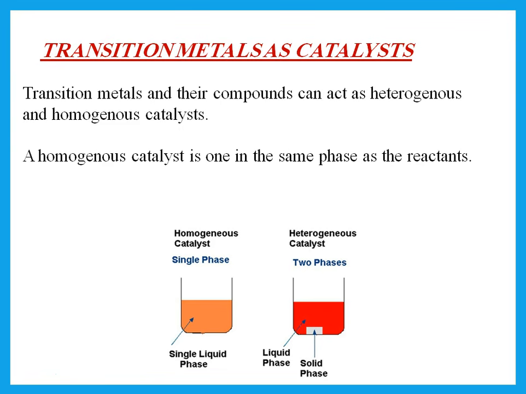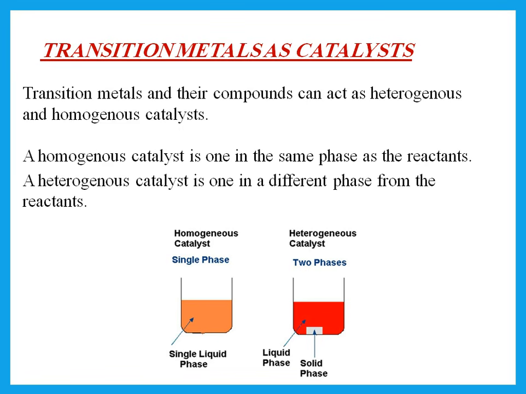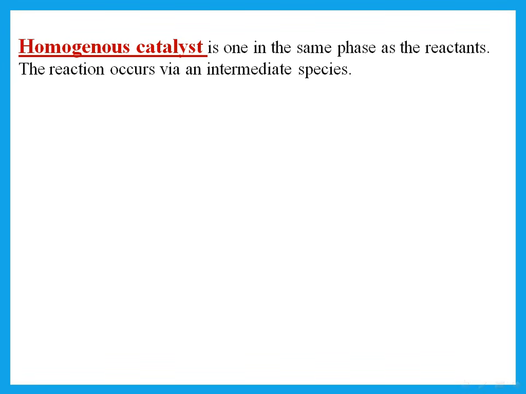So if I have solutions and my catalyst is a solution, then these are homogeneous catalysts. But a heterogeneous catalyst is one that is in a different phase from the reactants. So if my reactants are solutions, but I put a solid as a catalyst, that is a heterogeneous catalyst. Homogeneous is one in the same phase as the reactants.